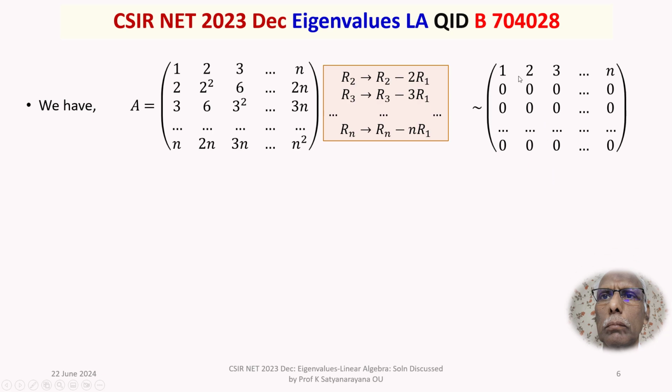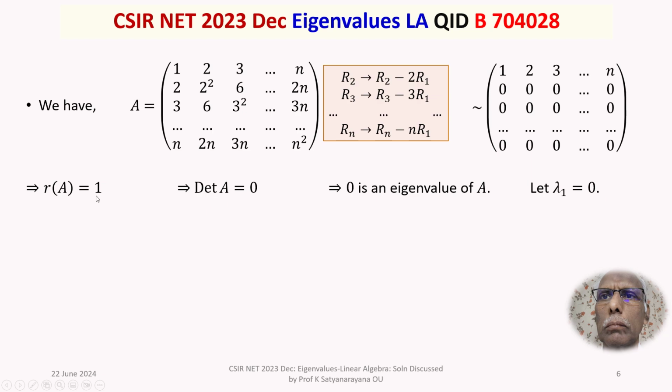Right. So this is now ready-made. It is in a row-reduced echelon form. The rank of A is the number of non-zero rows in the row-reduced echelon form. Therefore, the rank of A is 1 because there is only one non-zero row in this echelon form.